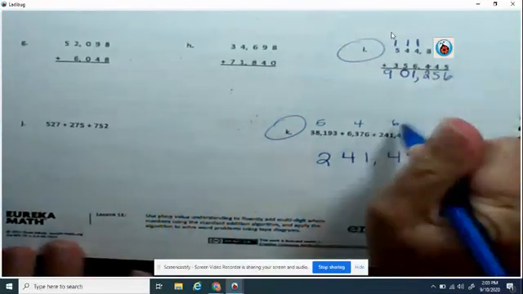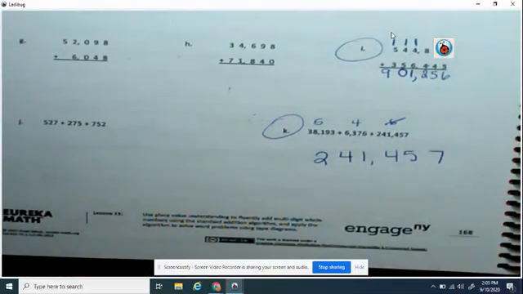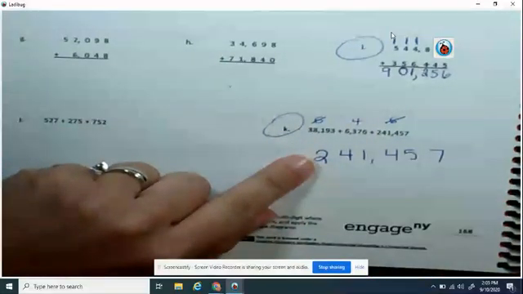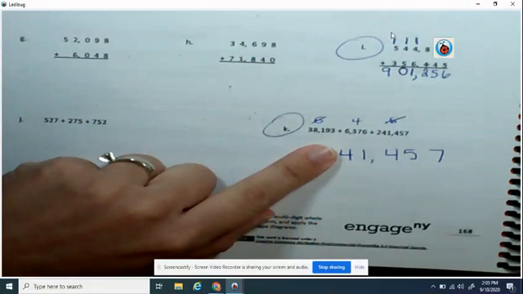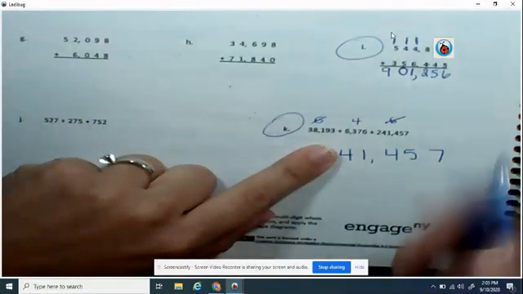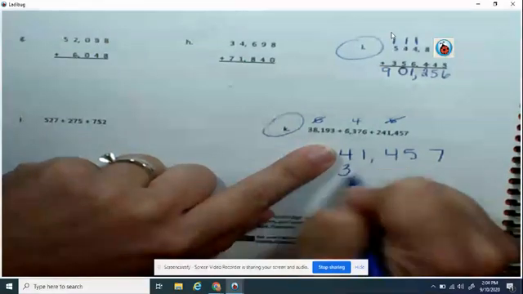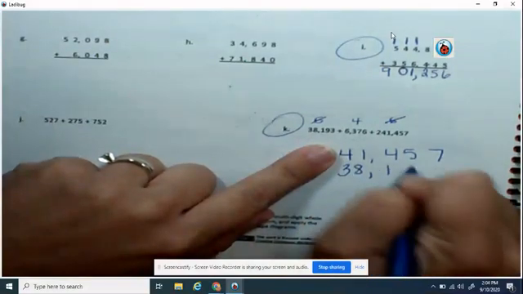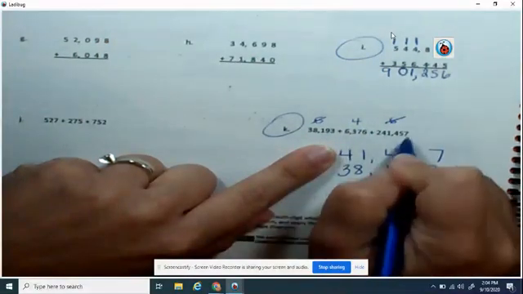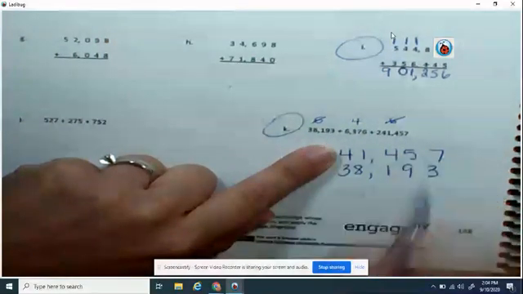Okay, so we did this one with 6 digits. Now we're going to move down to the one with 5 digits. Now, because it only has 5 digits, I'm not going to start with the 100,000s place. I'm going to start here with the 10,000s place because it has 5 digits. Okay, so 38,193. Make sure my ones are with my ones. 7 is the ones here, and 3 is the ones here. My ones are lined up with my ones.